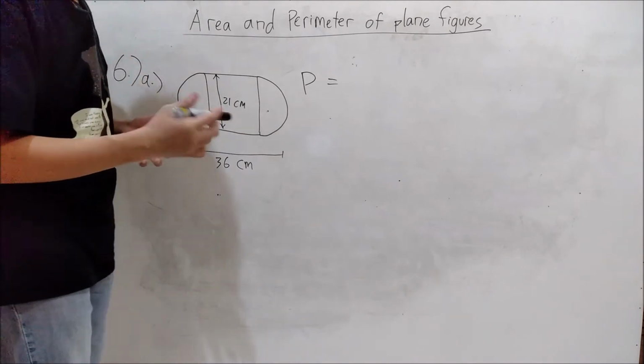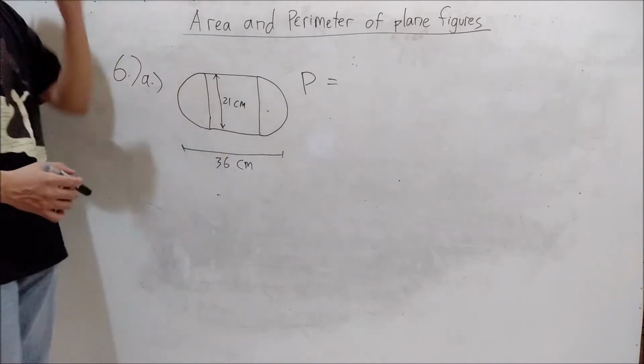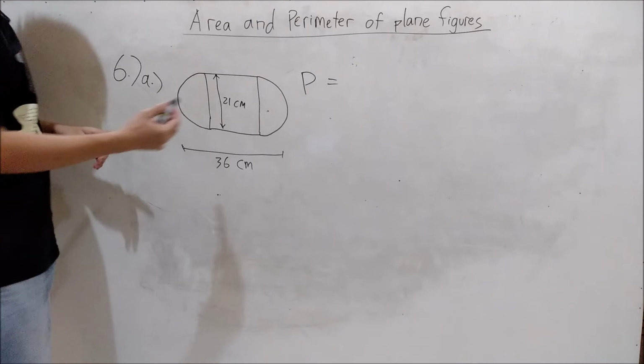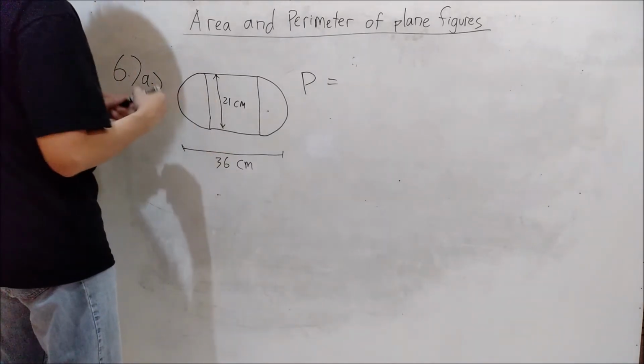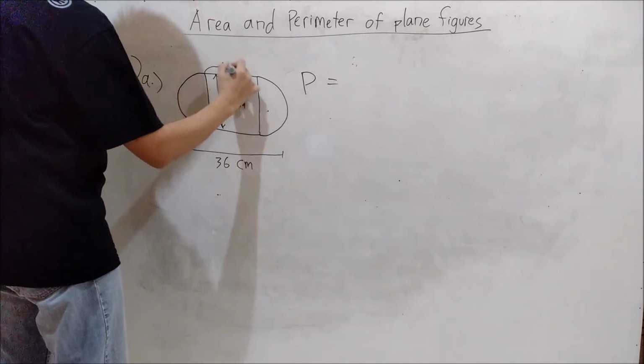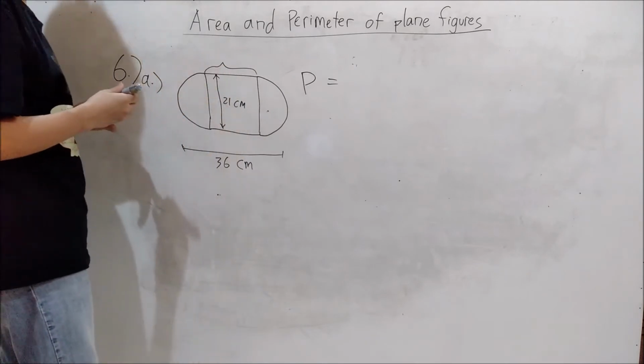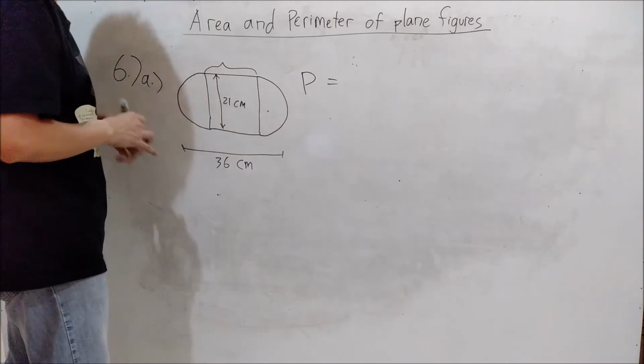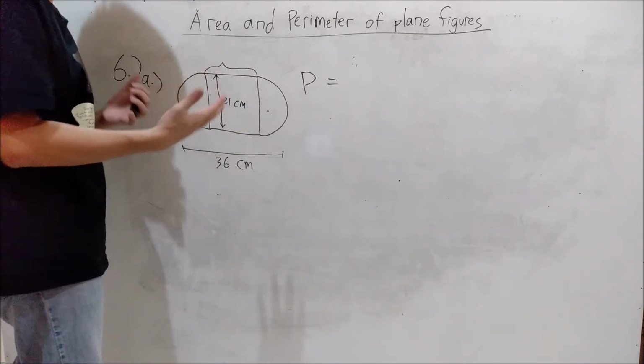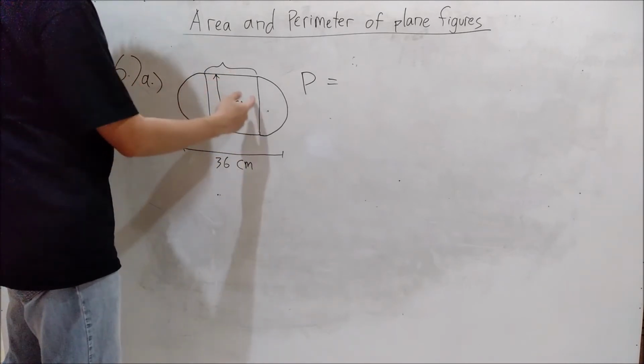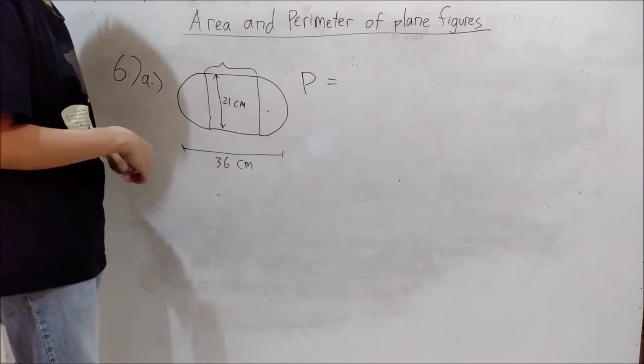That's what perimeter means. So in this case, I will add up this length, which I don't know yet how long it is. You cannot say that this is 21 because there is no sign that tells you the length and the breadth are the same. So we cannot assume that.